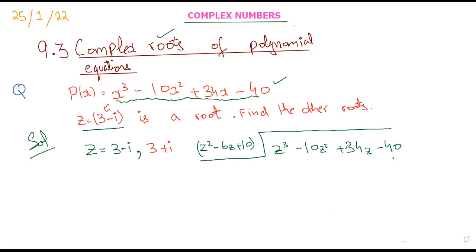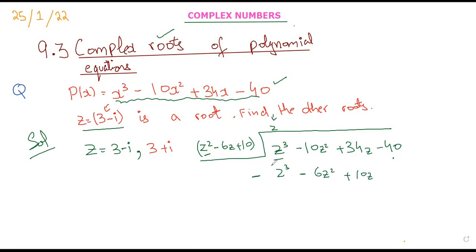Right. So now we have z square here and we have z cube here. What should I write down here? z. Very good. So that would give me z cube minus 6z square plus 10z.